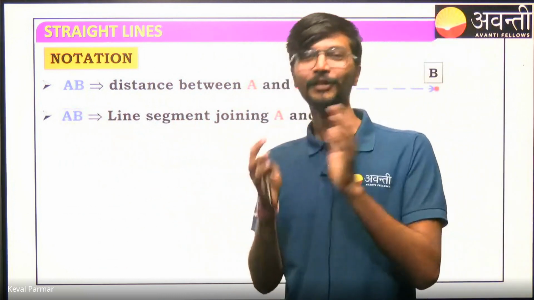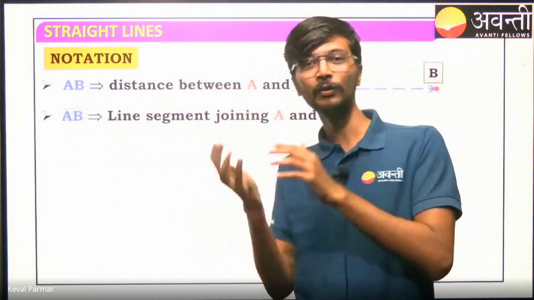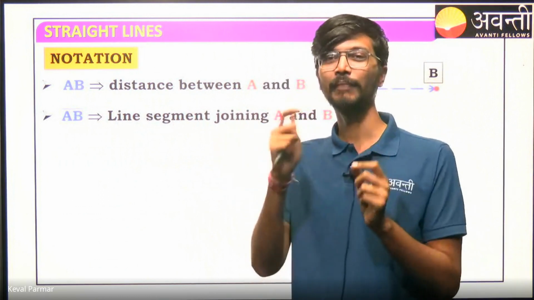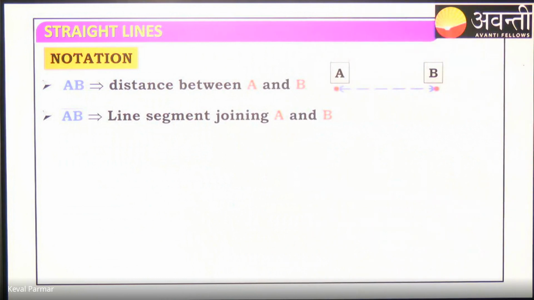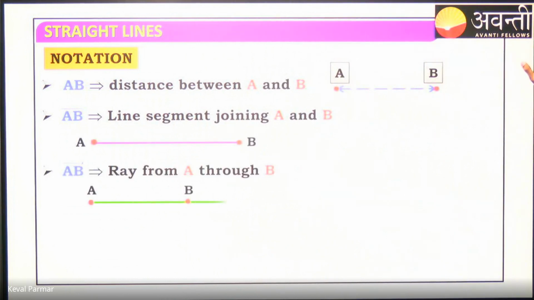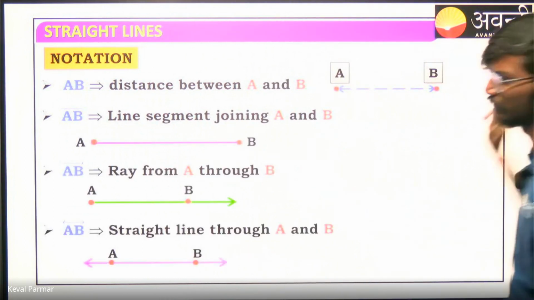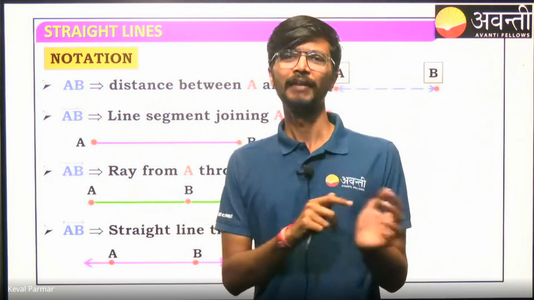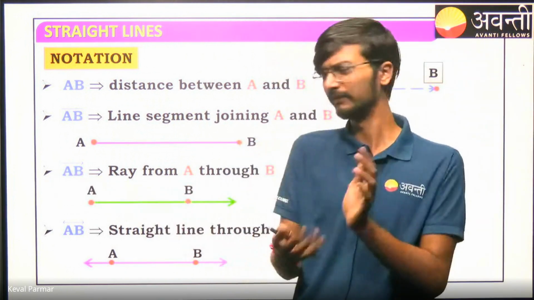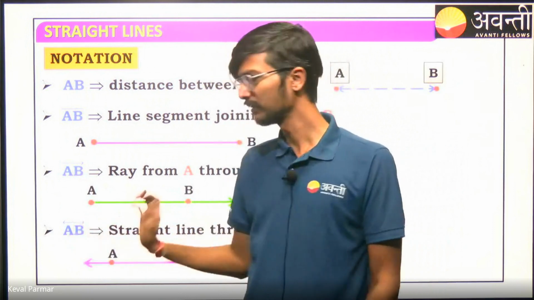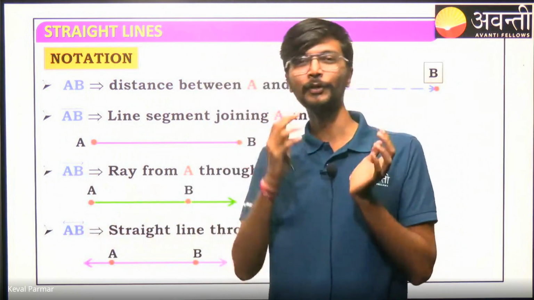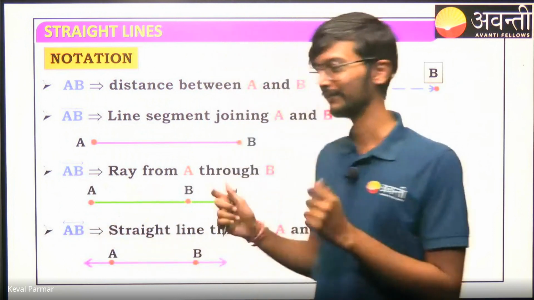So you can guess, how do we denote straight line? We'll denote the straight line by AB with a vector over it. This is the notation of a vector, as you must have studied in physics. And this is the notation of a straight line. Not that we will be going to use it exclusively, but still let's see.